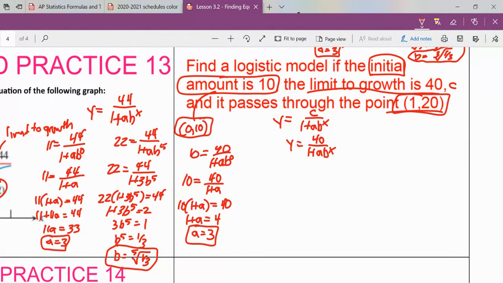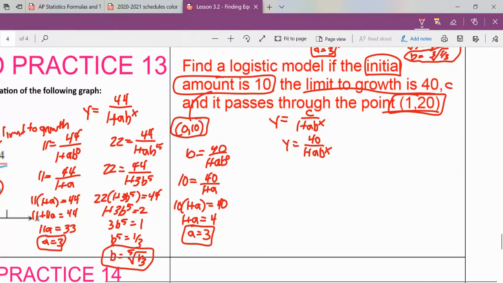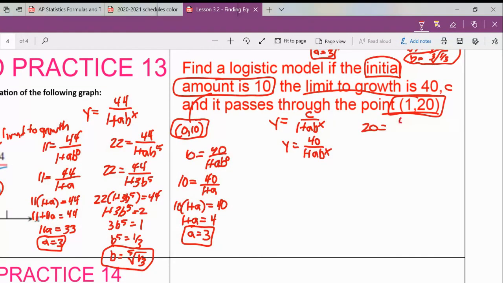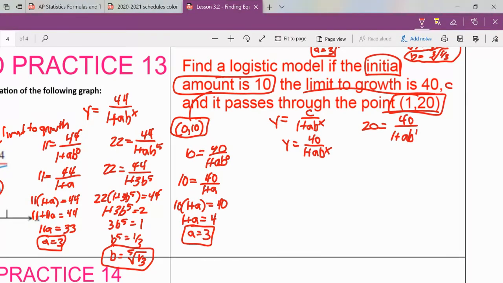If I do it with this other point, put this into the equation, I get the y value is 20 equals 40 all over 1 plus ab to the x value, which is 1. I also know this a value is 3. So 20 equals 40 over 1 plus 3 times b to the first, which is just b. Clear the fraction here, multiply both sides by 1 plus 3b, so I get 20 times 1 plus 3b equals 40.